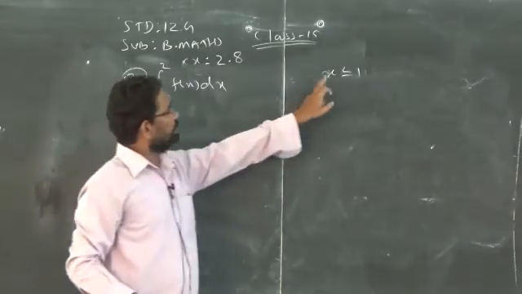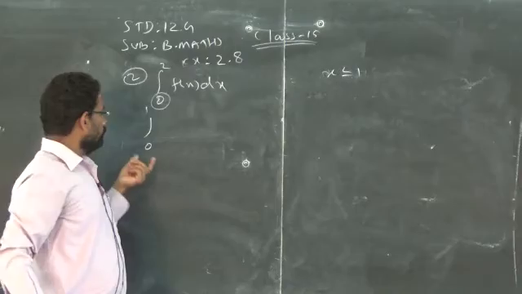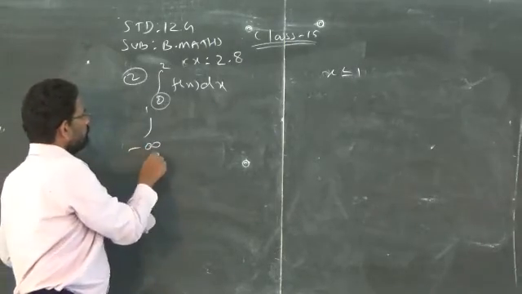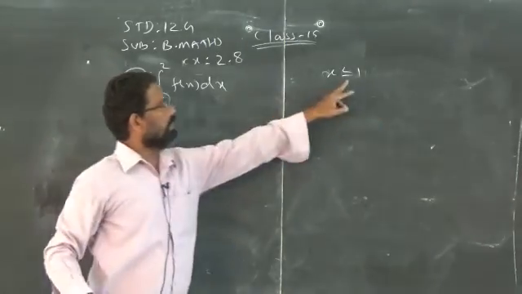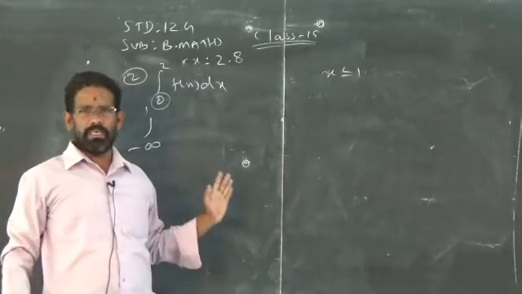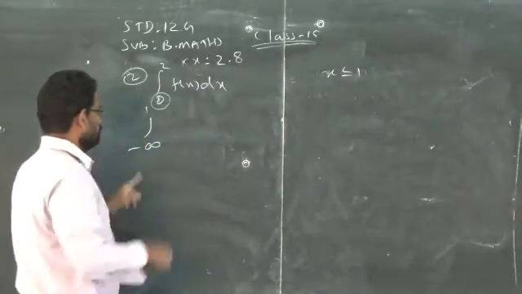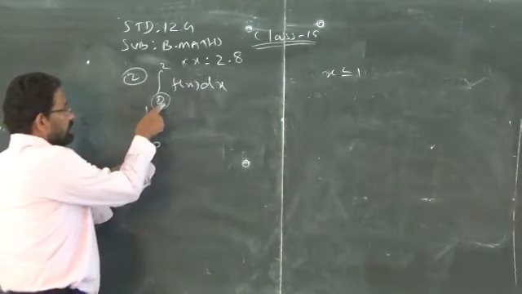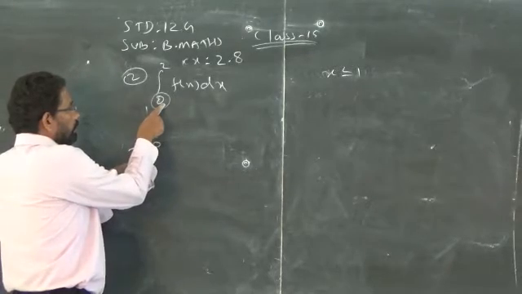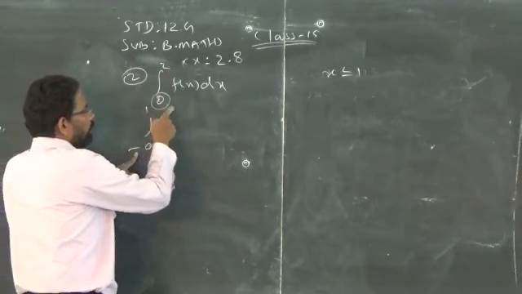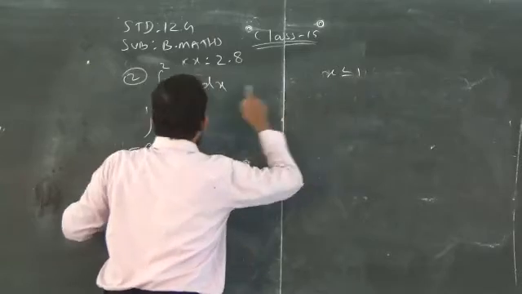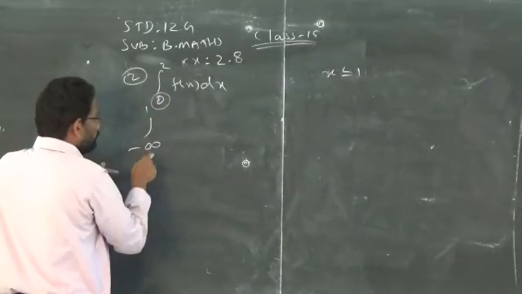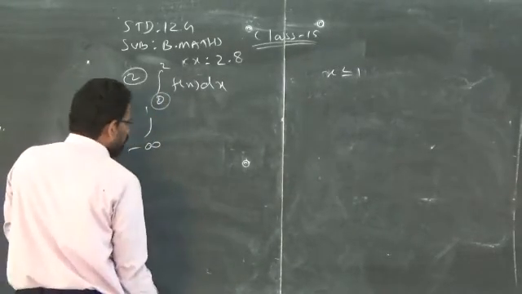When it is given x less than or equal to 1, you don't take minus infinity to plus 1. Sir, x less than or equal to 1 means minus infinity to 1? Don't take that. See the integration: what is given? 0 to 2. So what are the limits for x less than or equal to 1 in this integration part? 0, not minus infinity.